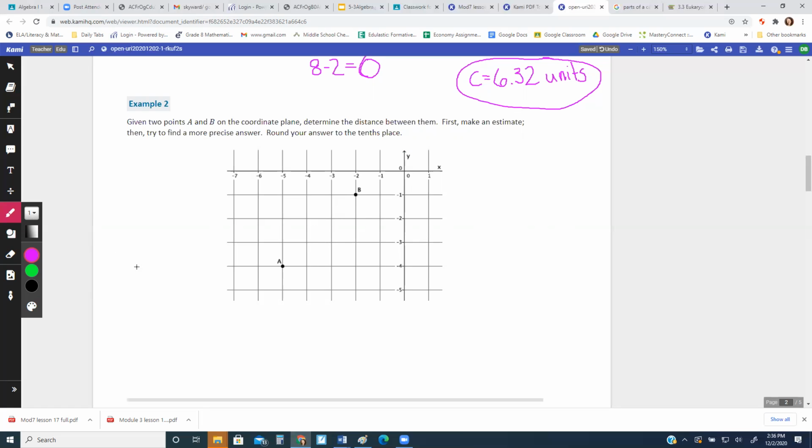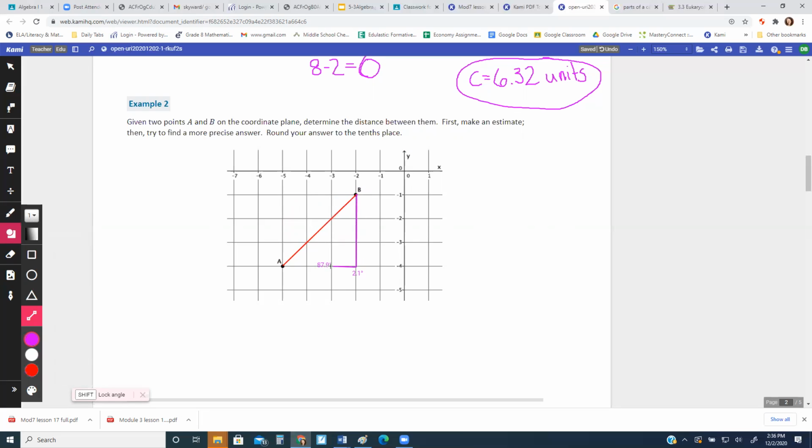Let's draw our triangle because we know that we can make a right triangle out of this. So let's find a line. There is our hypotenuse. And then we need the 2 lines of our triangle. So I'm going to go down.